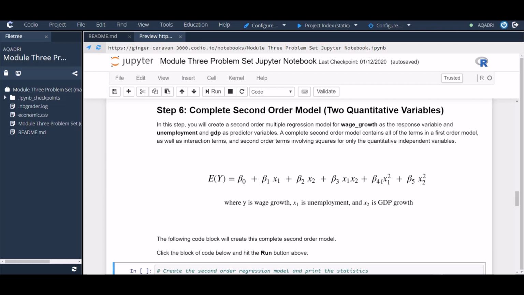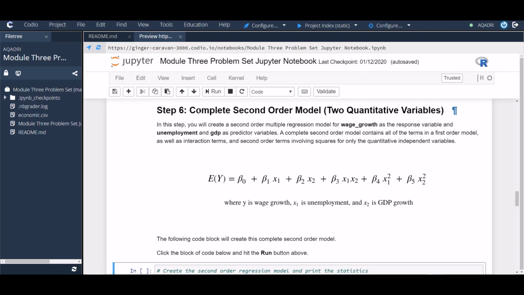That's because those are all of the combinations of terms that we can come up with for the two predictors. And just like this, we can have a complete third order model, fourth order model, and nth order model. All of those models can be created and they would include all of the different possible combinations of variables.